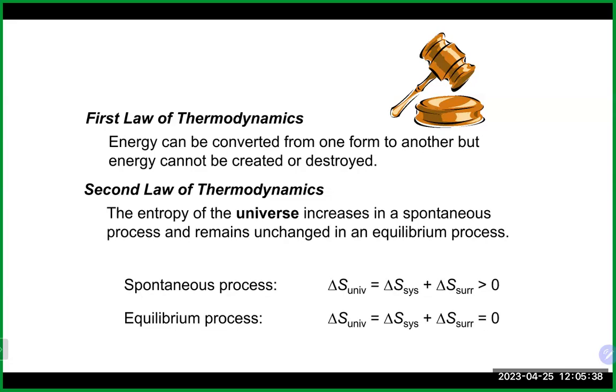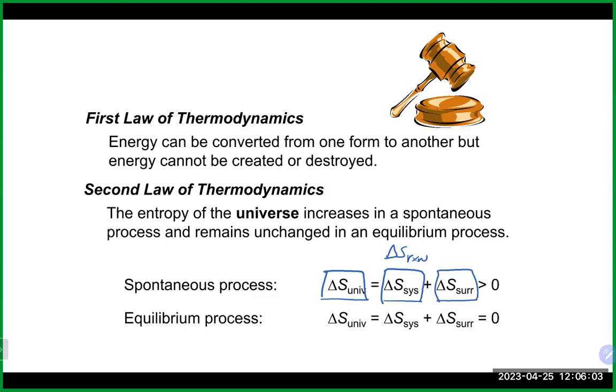So in order to use entropy to help us determine whether or not a reaction is spontaneous, we do have to calculate something that is referred to as the entropy of the universe. The universe is basically made up of two things. It is made up of the system, or sometimes the reaction is referred to, and the surroundings.